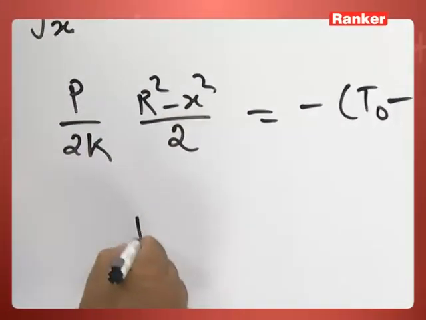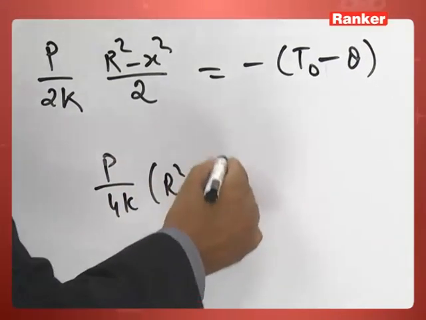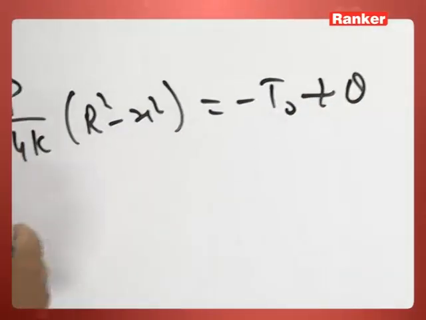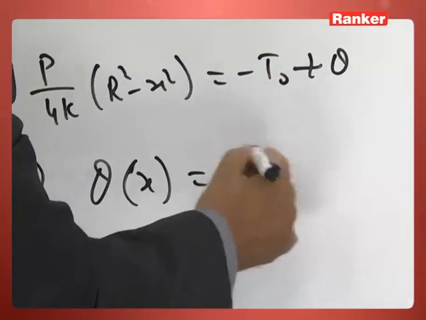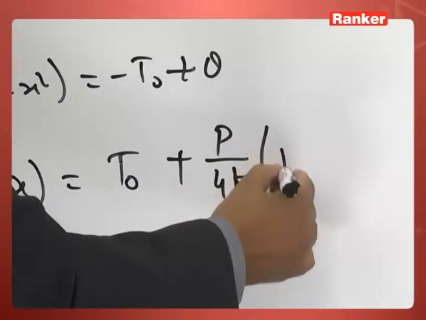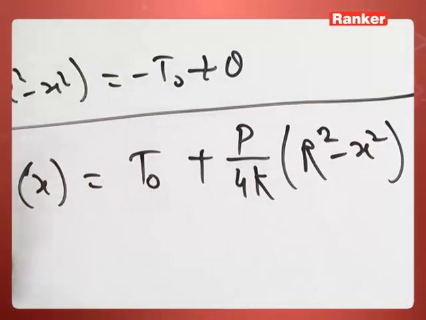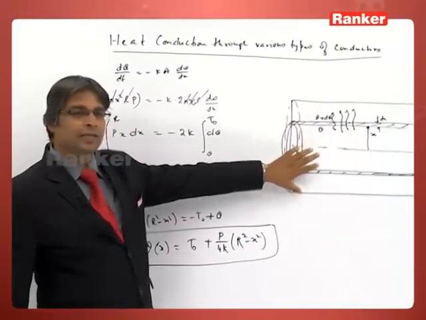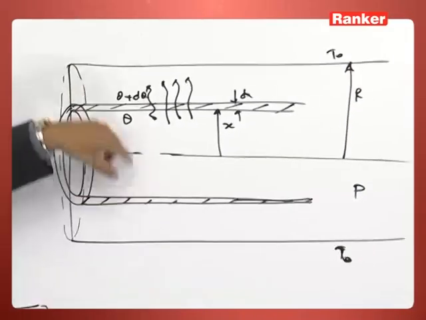So, here P by 4k (r square minus x square) is equal to minus T naught plus theta, which implies theta as a function of x becomes T naught plus P by 4k times (r square minus x square). So, you see, this is how the temperature variation will be there in a cylinder when the heat is produced throughout the bulk.